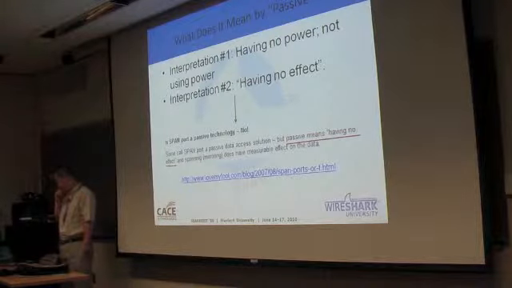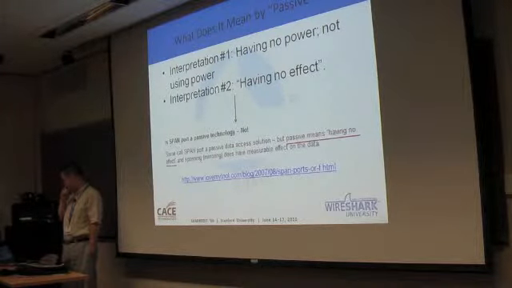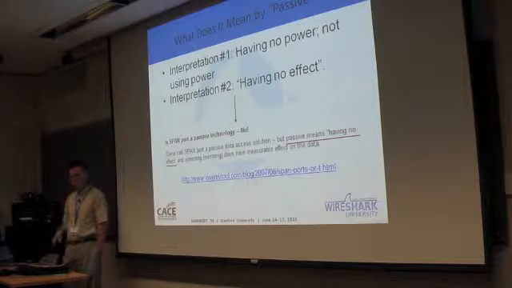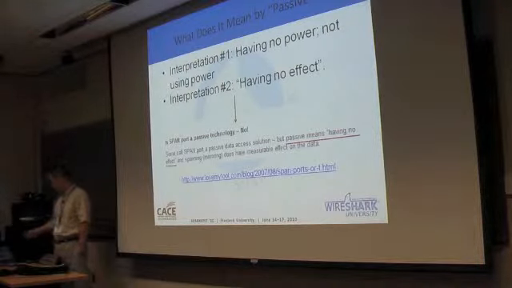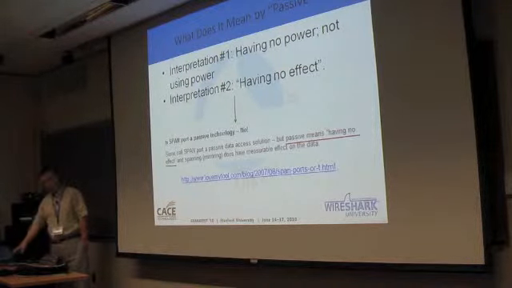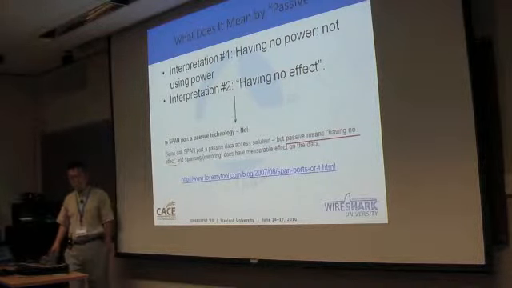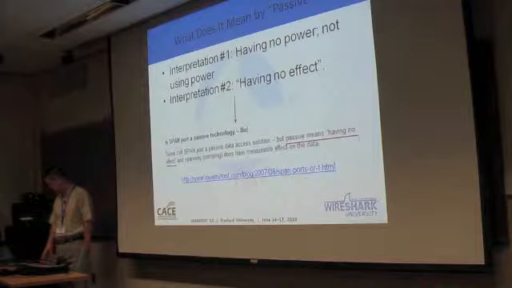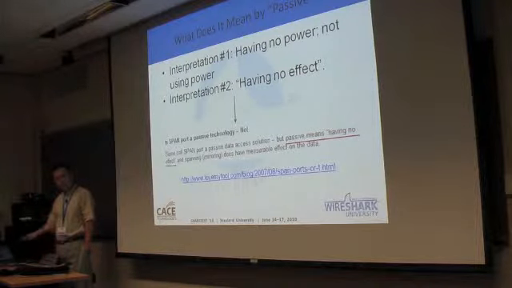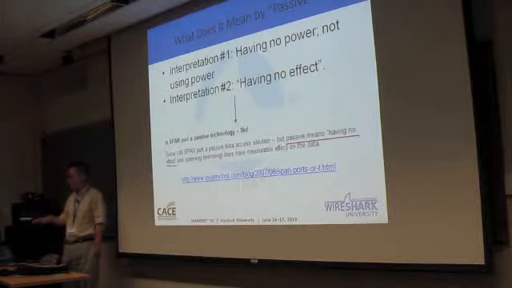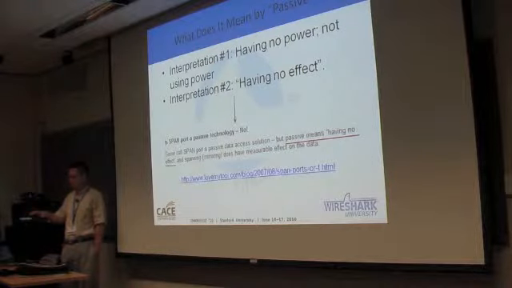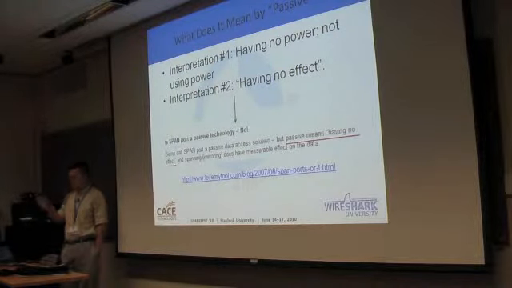Then I read another article that gives another interpretation of passive: having no effect. I found this on lovemytool.com, an article by Tom, I think his name is, on this comparison of TAP versus SPAN.